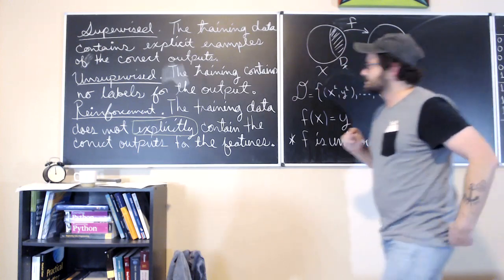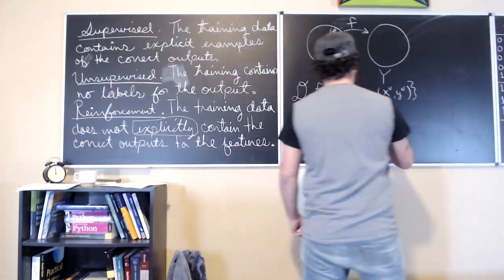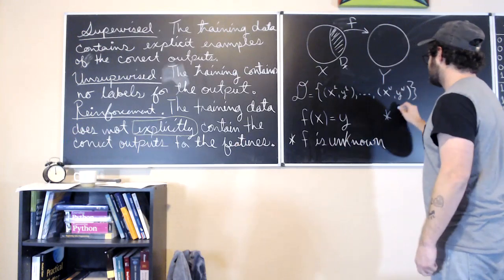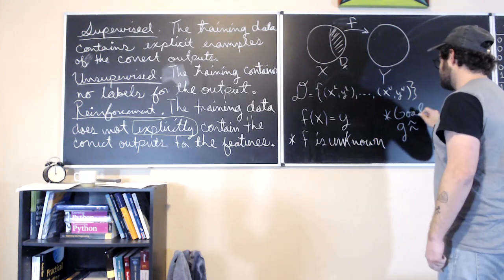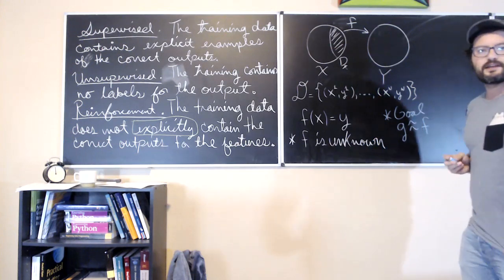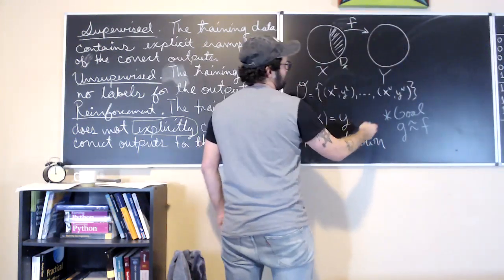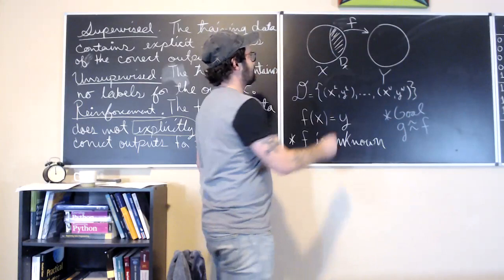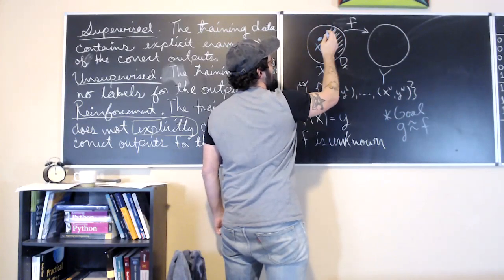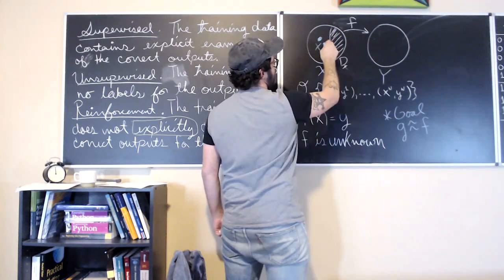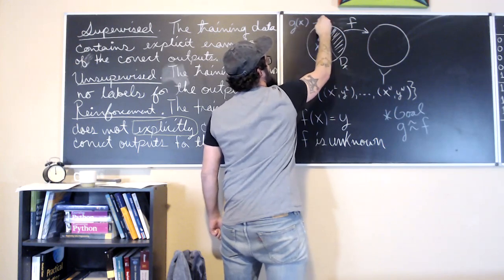And again, we have to remember that our goal is to find a hypothesis G that approximates F, right? So F is defined on all of X. If we put in a new point, call it X, our goal is to have G take X to the correct label.